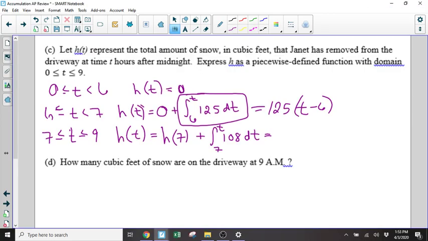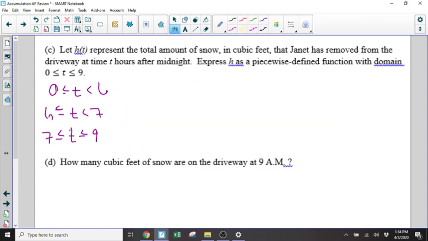So putting that all together, I'm going to have to erase some of this because I kind of ran out of room here, so hopefully you've got that kind of down here. Summing all that up, we can again write h of t as a piecewise function. In that first interval that goes from 0 to 6, we're not going to remove anything because she doesn't start removing until 6 a.m. So from time equals 0 up to time equals 6, we remove a total of nothing.